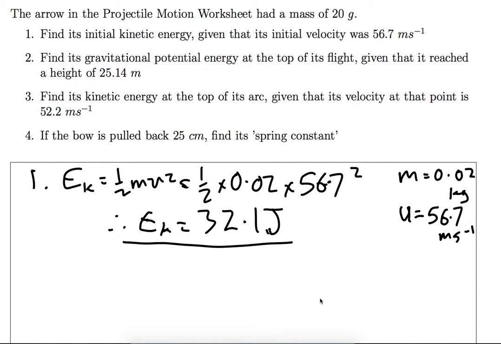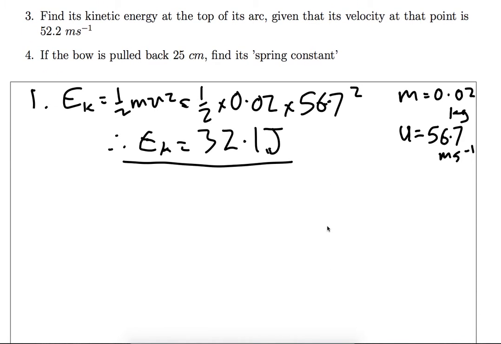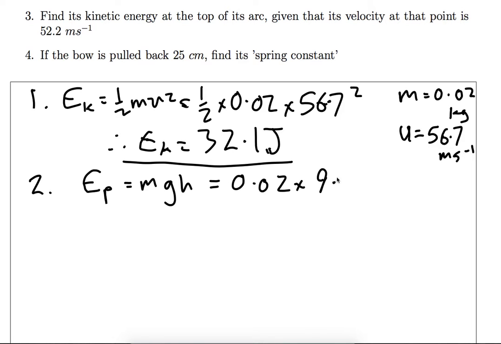Now we can find its gravitational potential energy at the top of its flight. This is question number 2, gravitational potential energy. Well, we have a formula for that too. EP equals mgh equals the mass, 0.02 kilogram, times g, the acceleration due to gravity, 9.8 meters per second squared, or newtons per kilogram.